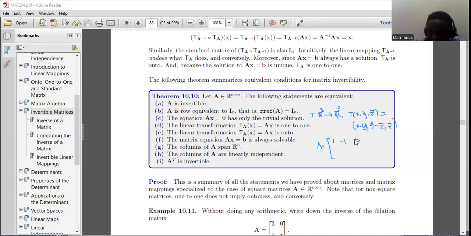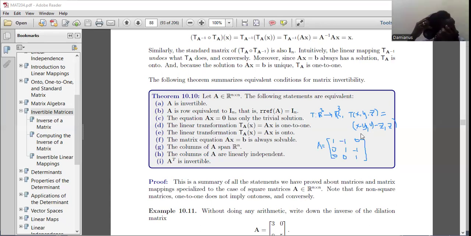Then row 2 will be 0, because there's no x for the second guy, then 1 for the y, and minus 1 for the z. And the last row is 0, 0, 1. So, ladies and gentlemen, this is the matrix of the linear transformation we have.